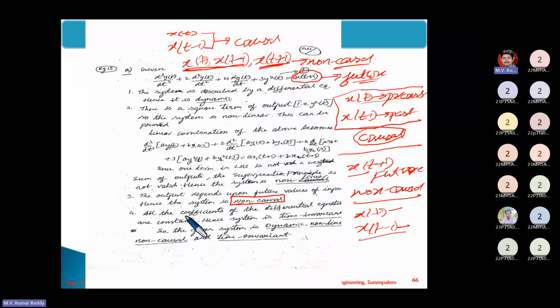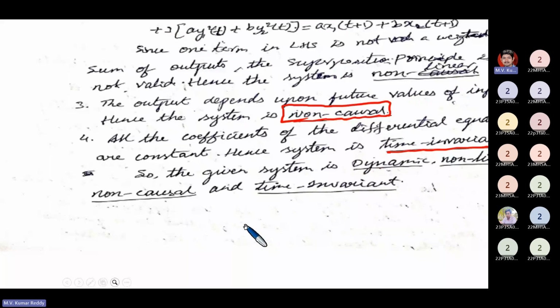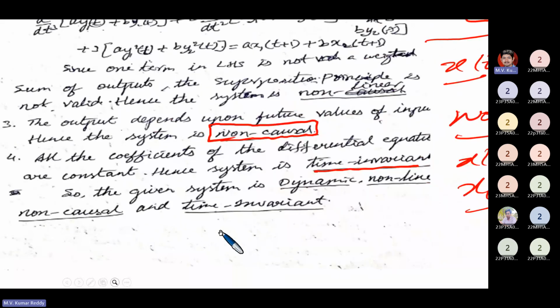Next, the fourth one. What are they asking? Time invariant or time variant. How do you know whether it is invariant or not? If all the coefficients of the differential equation are constant, then the system is time invariant.